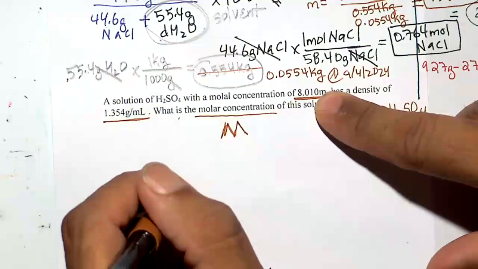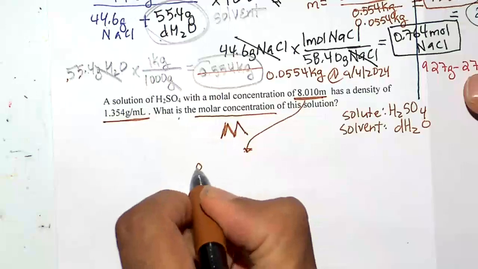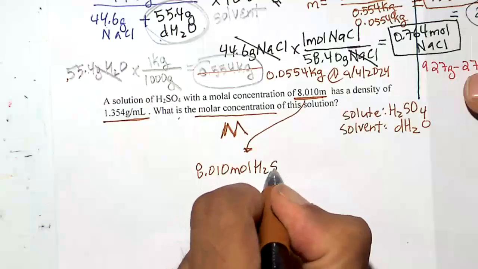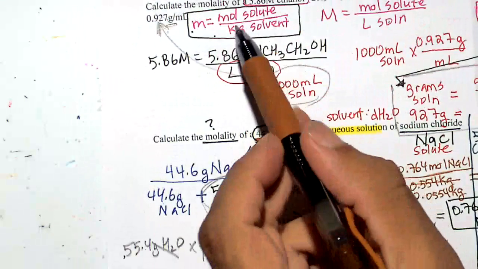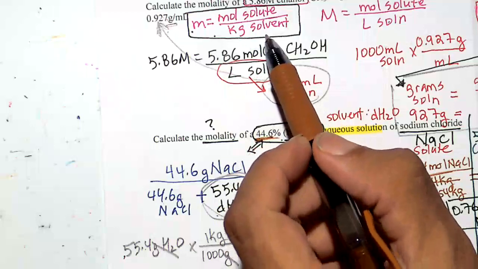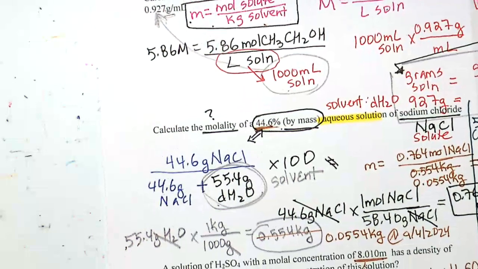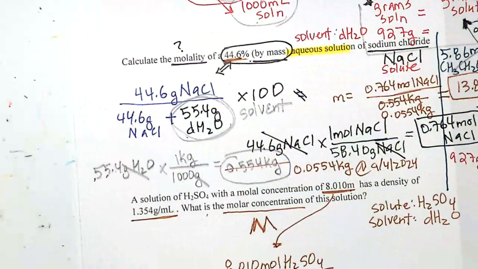Okay, what does 8.010 lowercase m mean? 8.010 moles of H2SO4 over what? Okay, moles of solute over kilogram of water, kilogram of solvent. That's what this lowercase m stands for now.